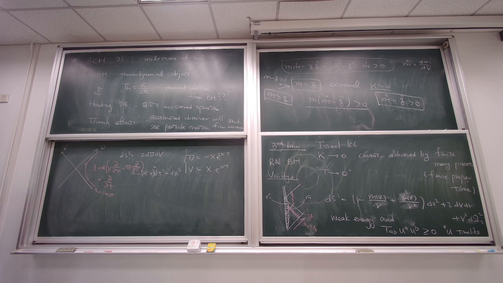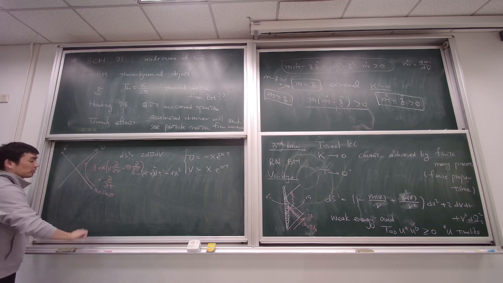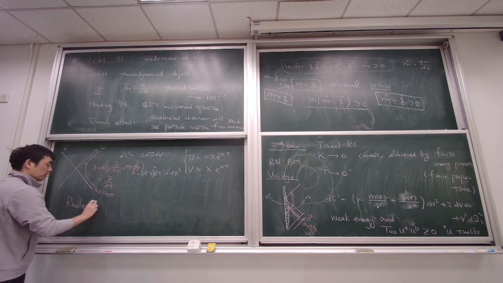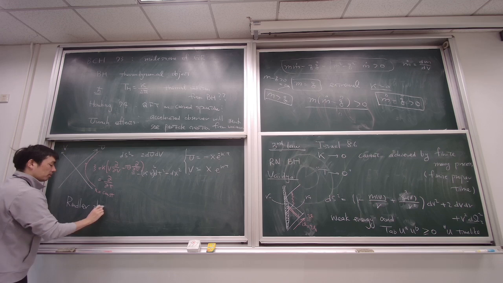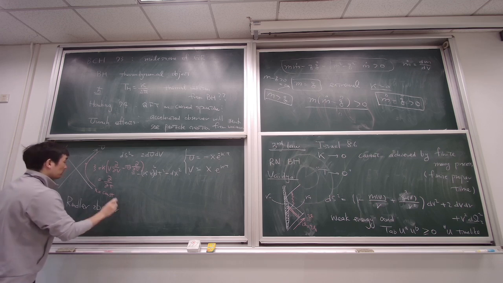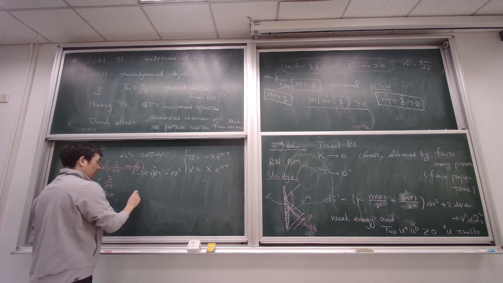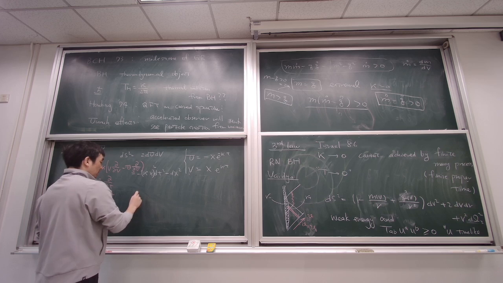And we derive this observer. So this is called the Rindler observer. Okay. So we derive this acceleration is in fact around the horizon, near horizon.